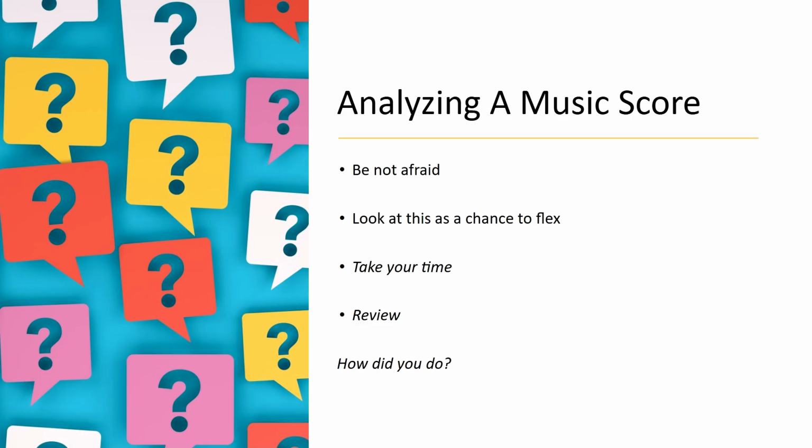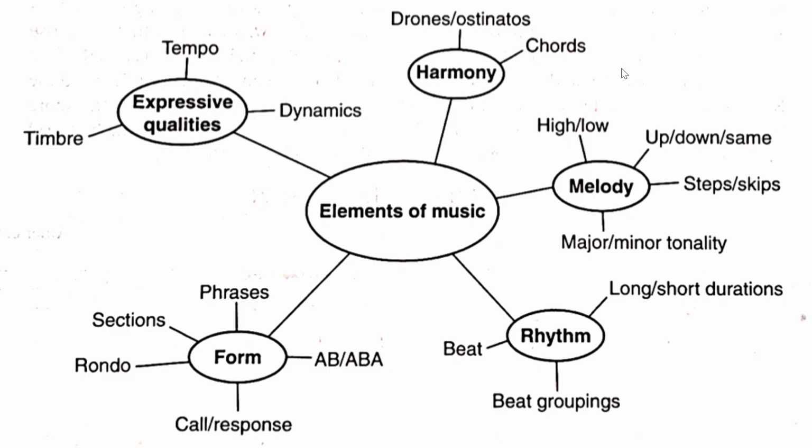Now, when we're analyzing a score, the elements of music come into play, and we use the elements for almost everything. Well, everything in music, but they will play a big role when you're coming to analyzing a score, right? So you may be familiar with these things. Let's talk about expressive qualities, which is the big circle.